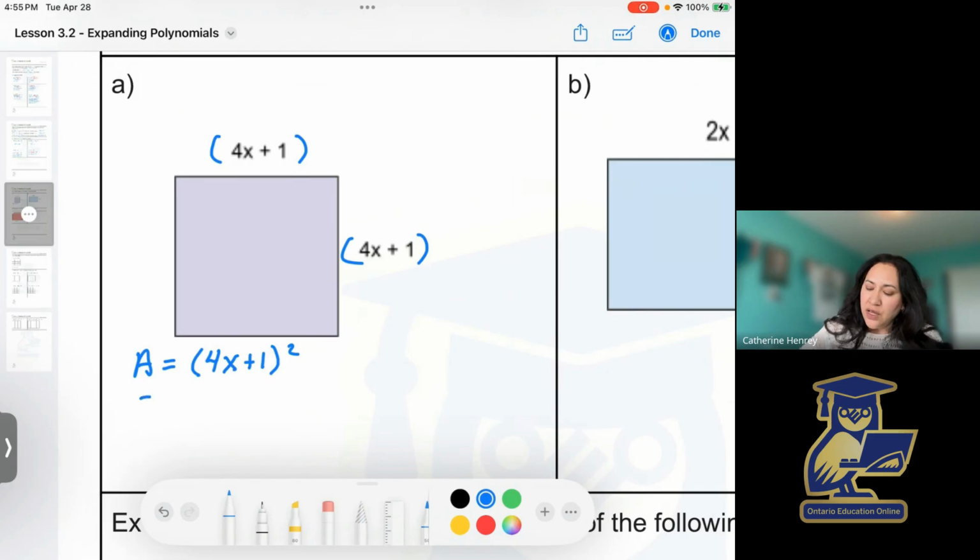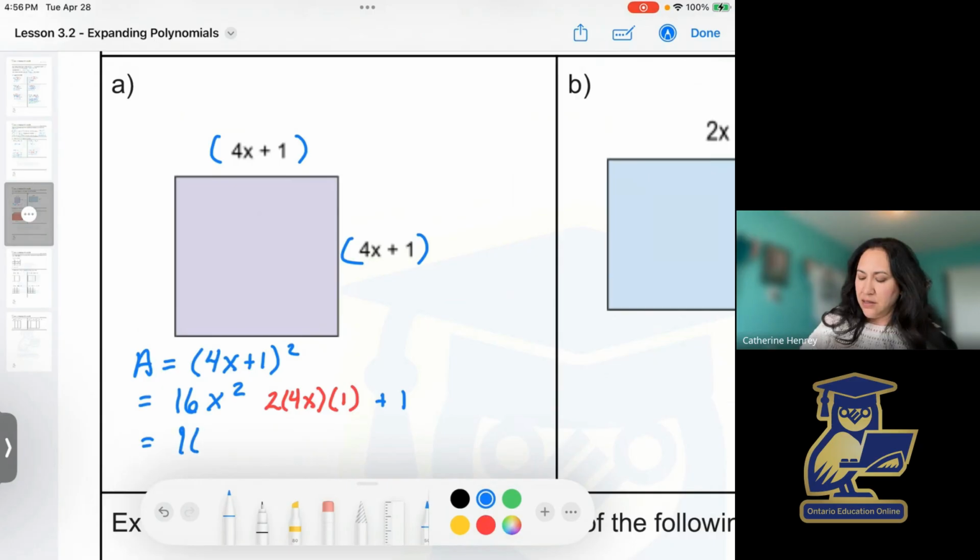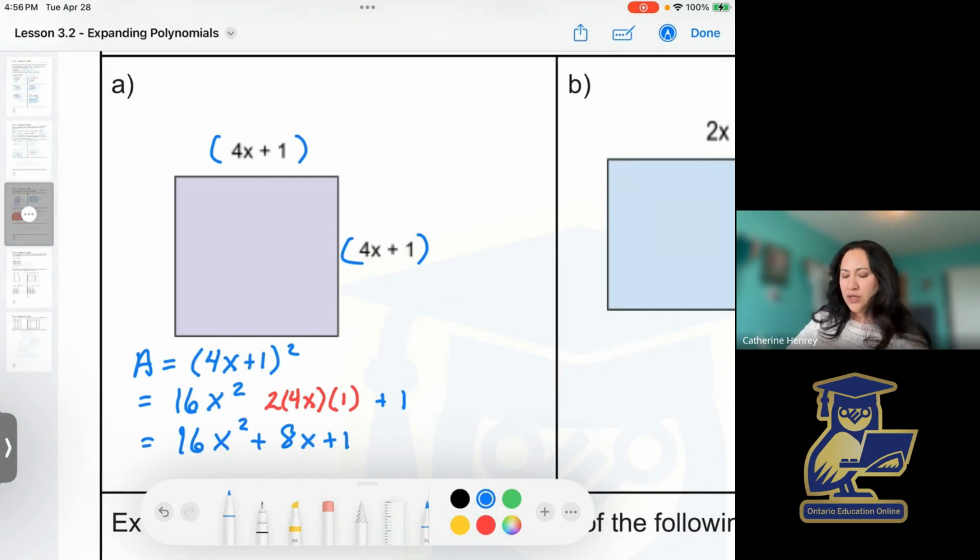So the expression for the area here is going to be 16x squared. In that middle, with that special case, we have to have 2 times 4x times 1, and then we have to have 1 at the end. So simplifying, I'll have 16x squared plus 8x plus 1. And that's the expression that represents the area of this square.